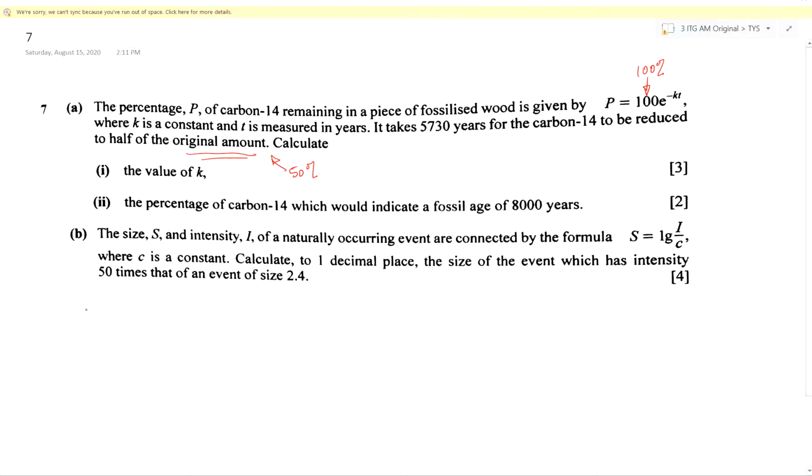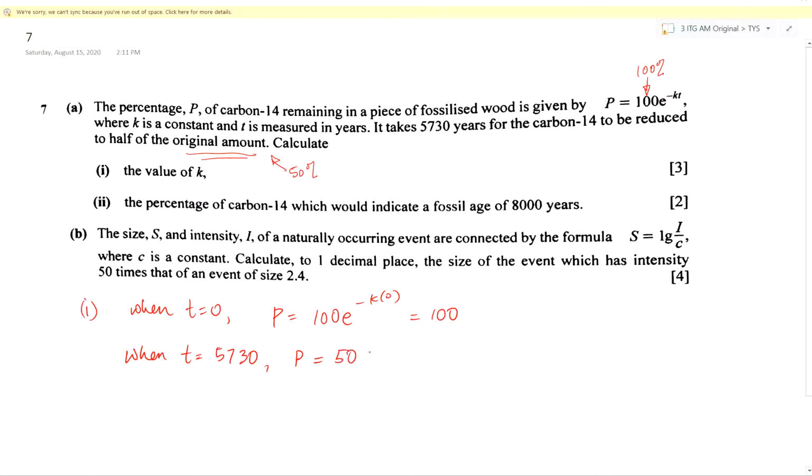So in part 1, when t equals 0, we find that P is 100, 100 e power negative k times 0, and we know that this is in percent. When t now has a value of 5730, the value of P is now half of it, so that would give us 50.